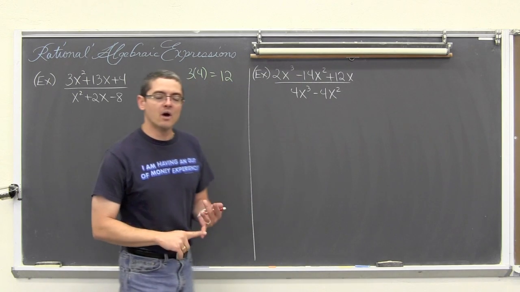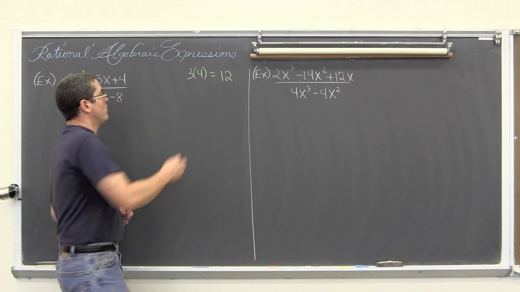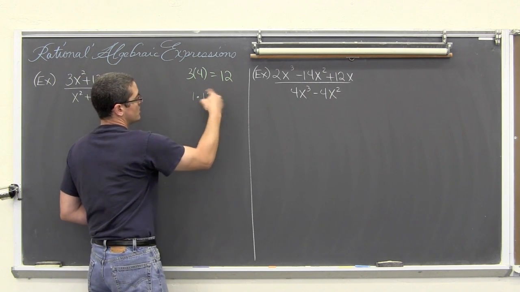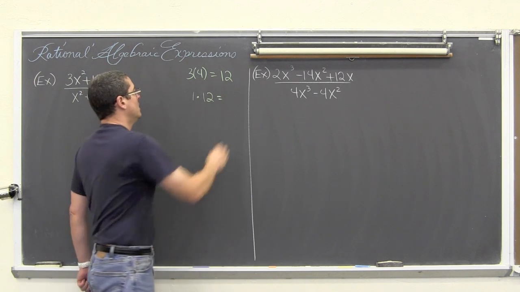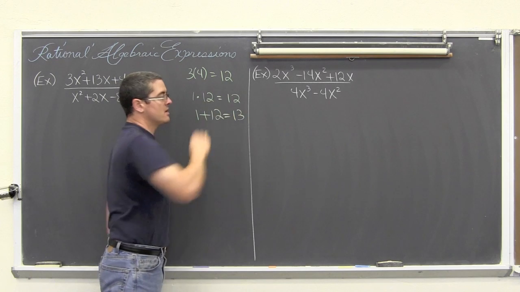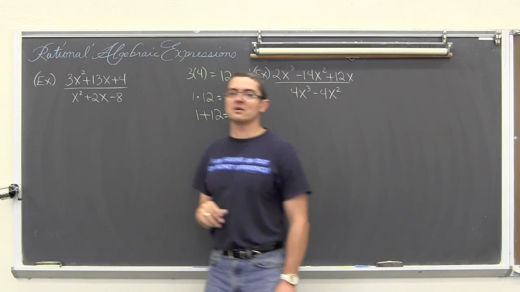Well, we have 1 and 12, 2 and 6, and 3 and 4. We want to take those factors of 12, which are 1 times 12, which does equal 12, and when you add them, you get that middle term, or the value that equals the coefficient of our middle term.